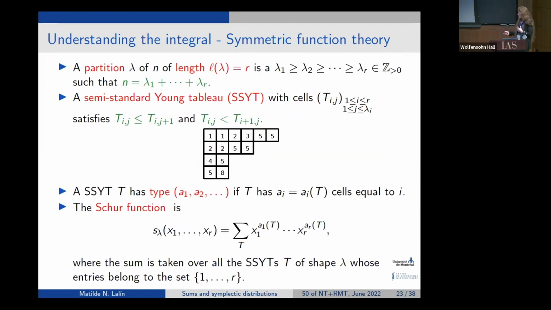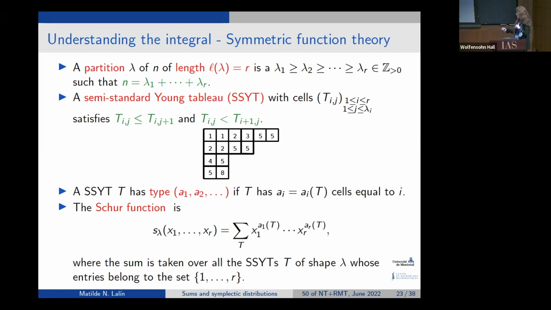And then the Schur function is given by, if I fix a partition lambda, the sum over all the semi-standard Young tableaux of shape lambda. Shape means lambda 1 is fixed, lambda 2 is fixed, and so on, whose entries belong to 1 up to r.